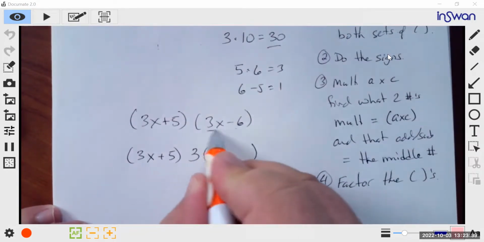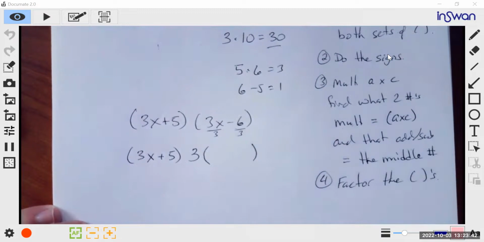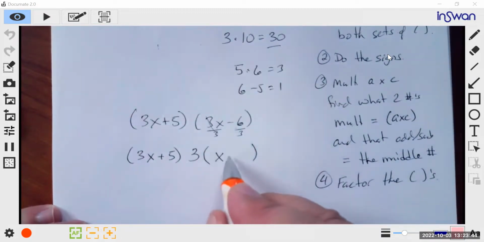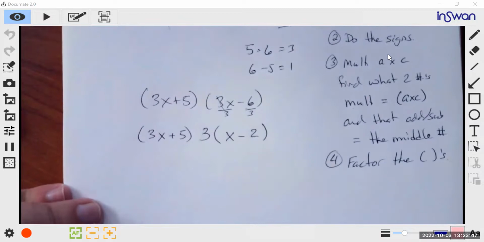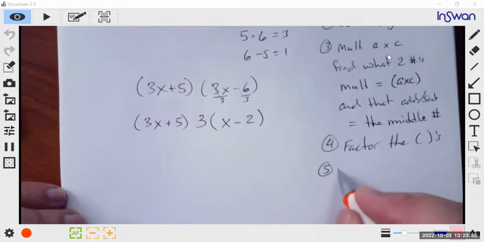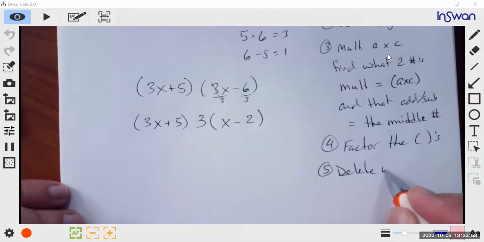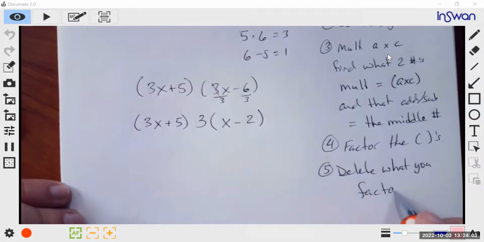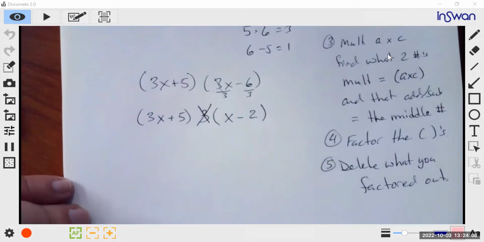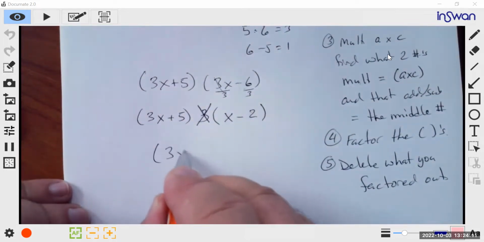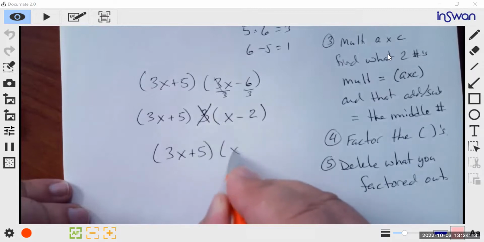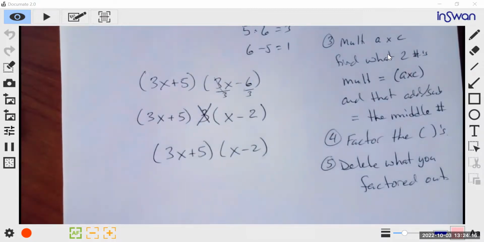So whatever I factor, I divide by everything inside there. So it's x, 6 divided by 3 is 2. Delete what you factor out. In other words, delete it. It's gone. So there's your factor.